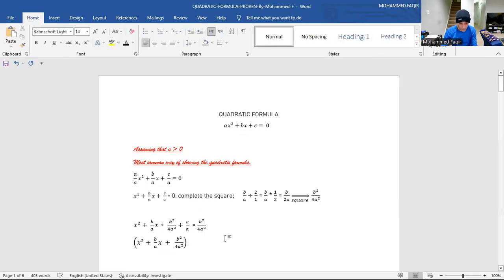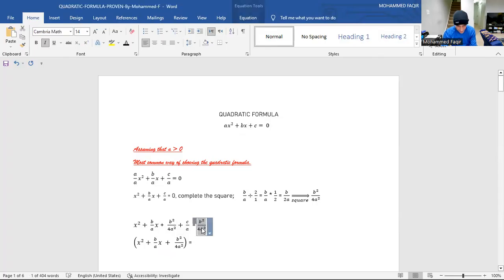Now watch me. What I'm gonna do is move this to the right, or I'm gonna subtract c over a from both sides. So if I subtract c over a from this side, that goes away, and minus c over a on this side is gonna add up to that. So watch it.